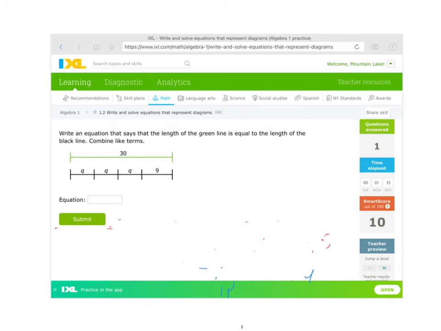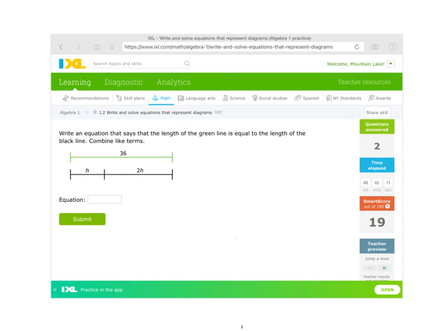So 3Q plus 9 is equal to 30. Let's plug that in. Three Q plus 9 equals 30. And then hit submit. That's how we get J2.